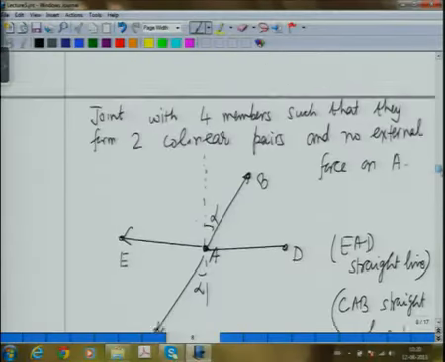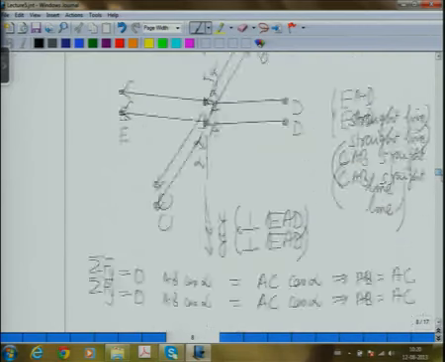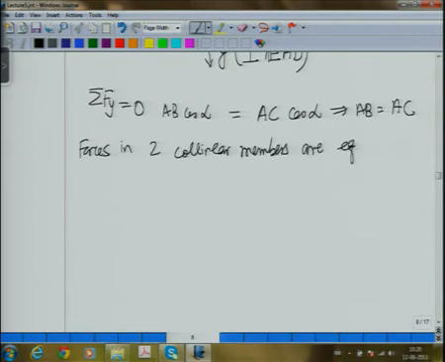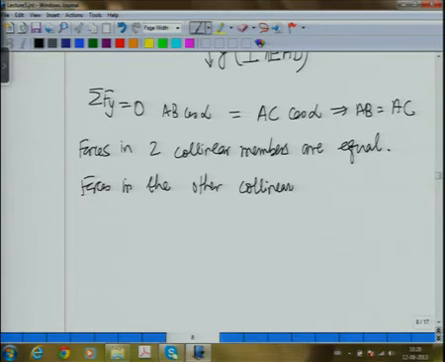Now what this tells you is that the force in the two collinear members are equal, and forces in the other collinear members are also equal.